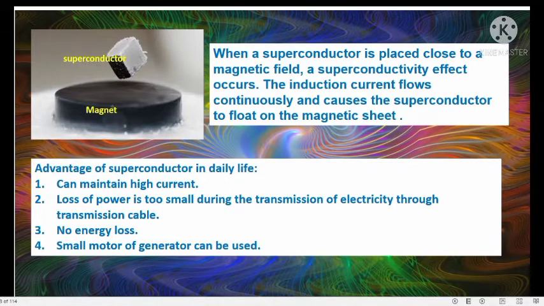So instead of using a very long wire for the generator, we can just use a small or short wire. That's why we can use a small motor or generator that can function the same as a regular generator. That's the advantage of superconductors in daily life.